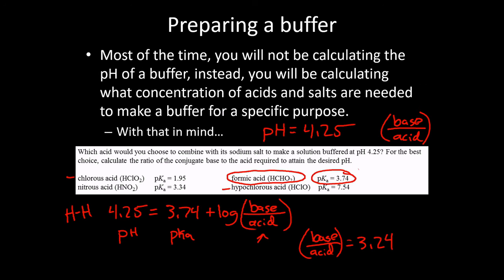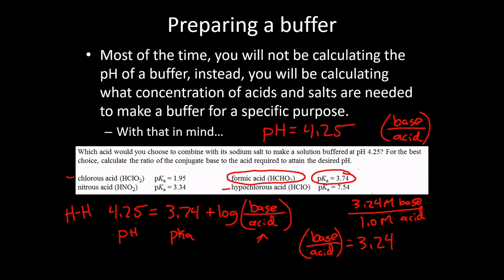So with that ratio, we could essentially pick the capacity we wanted. If we wanted to have a really high capacity buffer that could withstand a brutal beating from either acid or base that we throw in there, we could have 3.24 molar base and 1 molar acid.